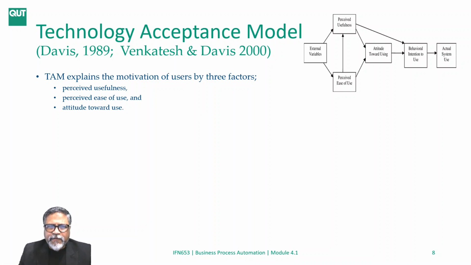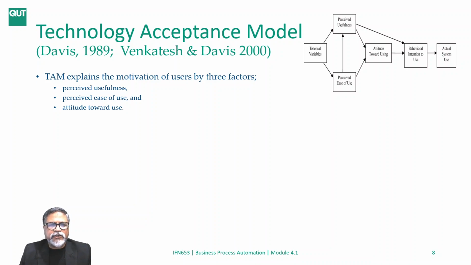So TAM, or technology acceptance model, explains the motivation of users by three factors. First, perceived usefulness, how I as an individual perceive the usefulness of the technology. Second, perceived ease of use, which is my understanding of how easy it is to use, right? So it links to the complexity of technology. And the third element is attitude towards use.